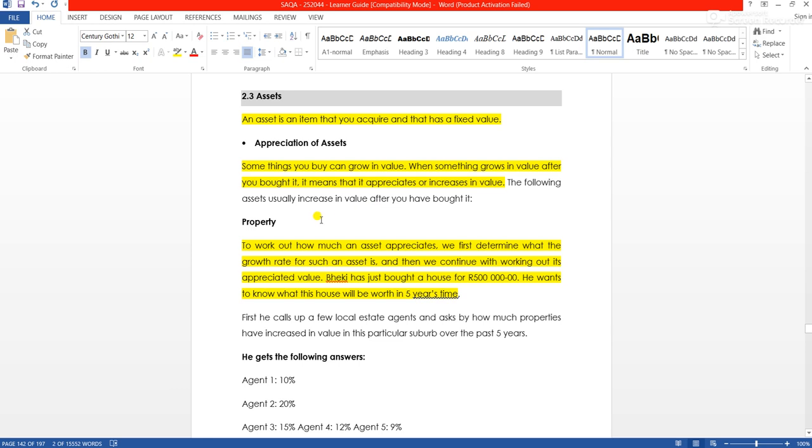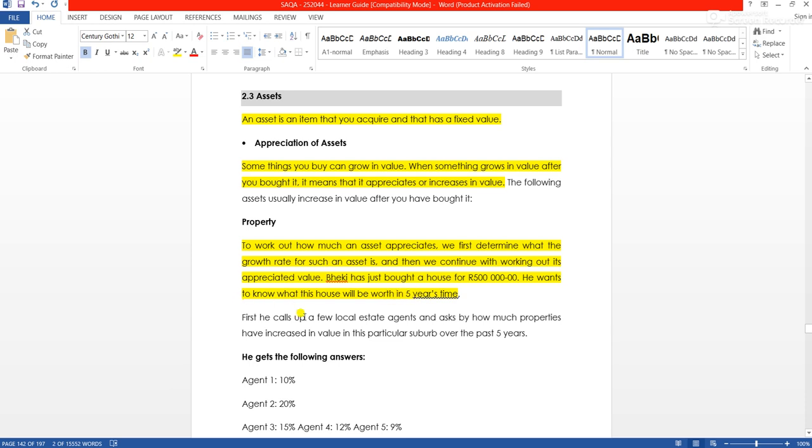it grows in value over the number of years that you live in that property. So to work out how much an asset appreciates, we first determine what the growth rate for such an asset is, and then we continue with working out its appreciated value. For example, Beggy has bought a house for 500,000, and he wants to know what this house will be worth in the next 5 years.